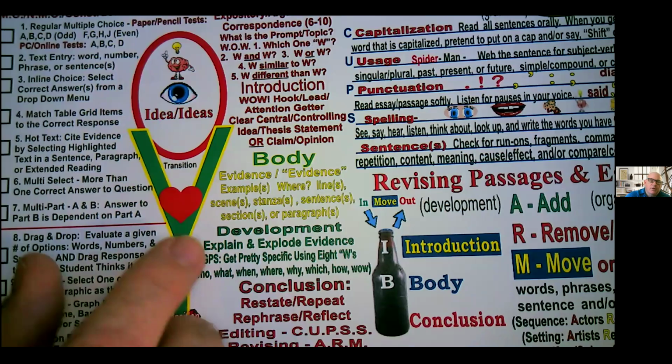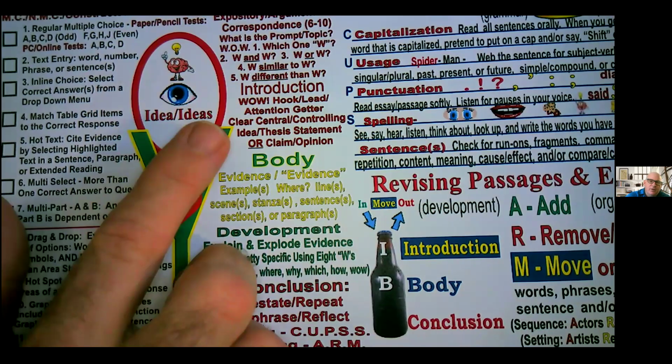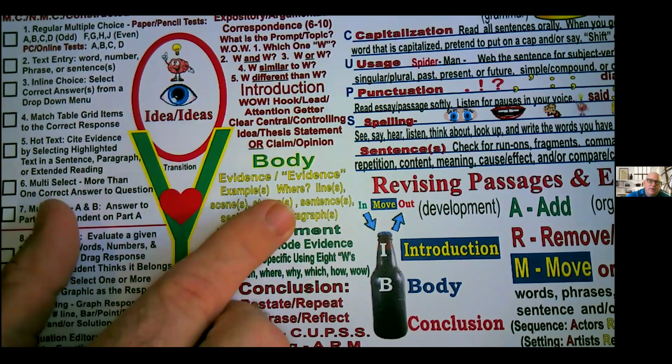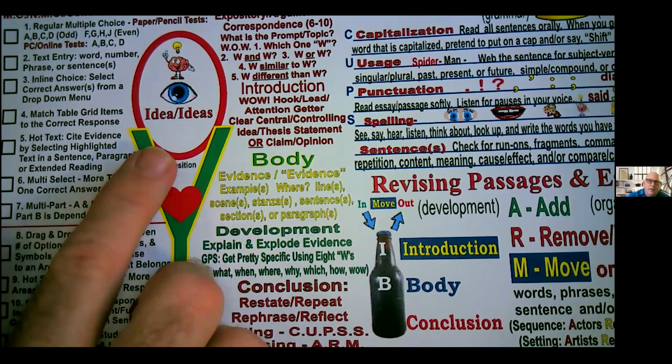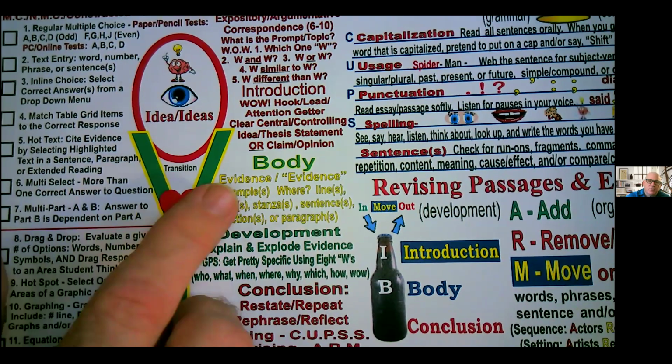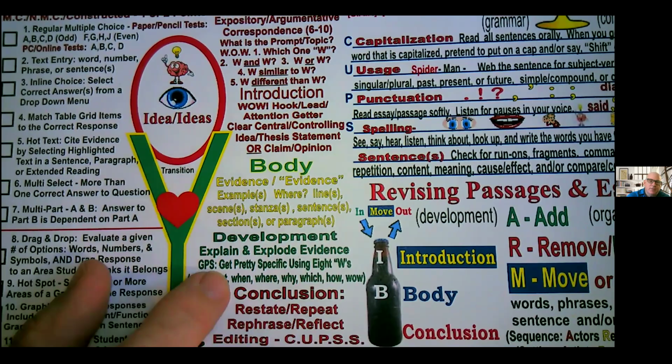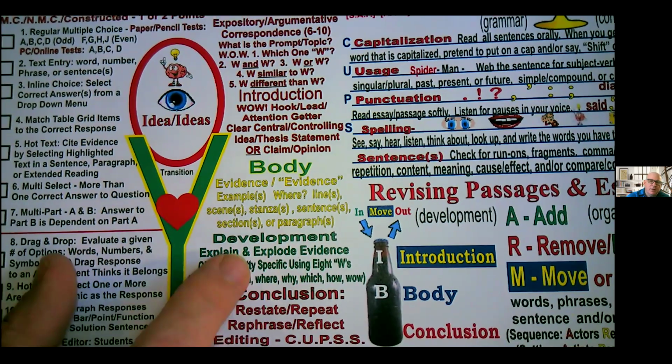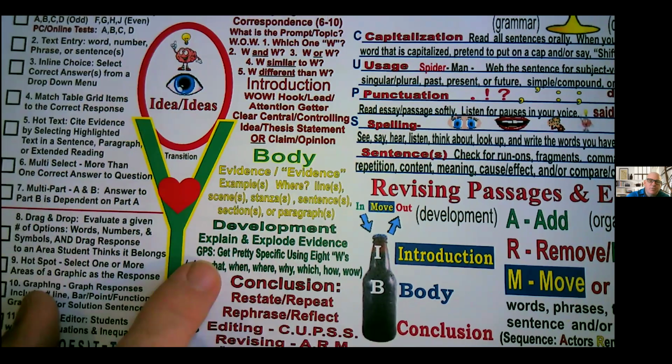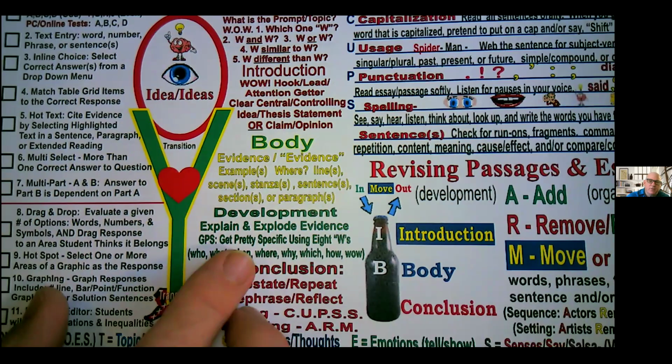Okay. And so you'll notice the outline in yellow, that's going to be based on evidence. Why did you feel that evidence was relevant? And so explaining and exploding is what I call GPS, getting pretty specific. I want to know exactly what you mean. Don't be vague. Don't be general, but specific.